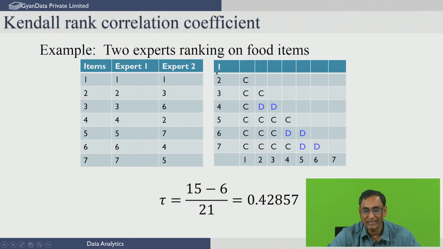Similarly, here it says 5 and 1 are concordant, 5 and 2 are concordant, and so on. Between every pair, n into n minus 1 by 2 pairs, you will get, and we have classified all of these pairs as either concordant or discordant, and we find there are 6 discordant pairs and 15 concordant pairs, and we can compute the Kendall's tau coefficient.